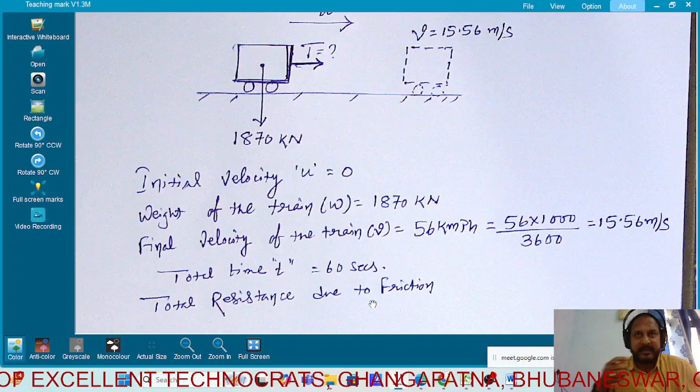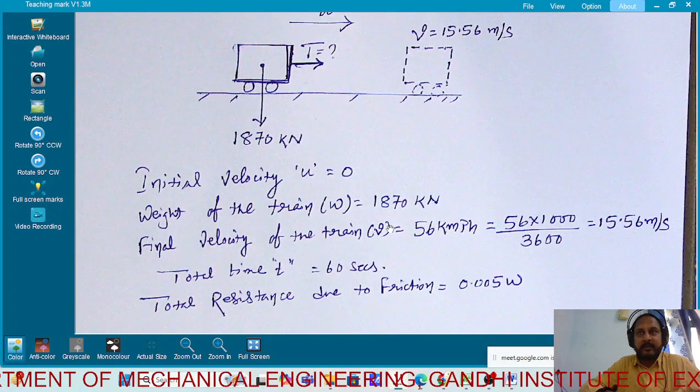So let us calculate how much it is: 0.005 multiplied by the weight of the train. The weight of the train is how much? 1870 kilonewton. So again, let us go to the calculator.